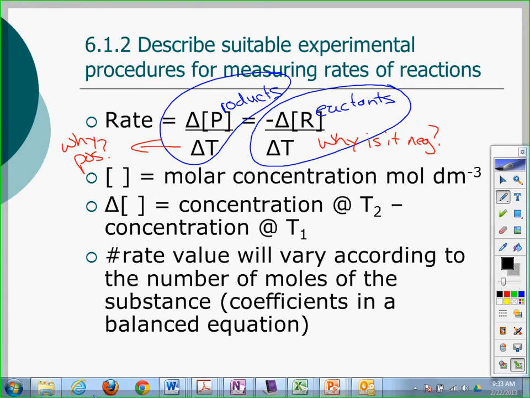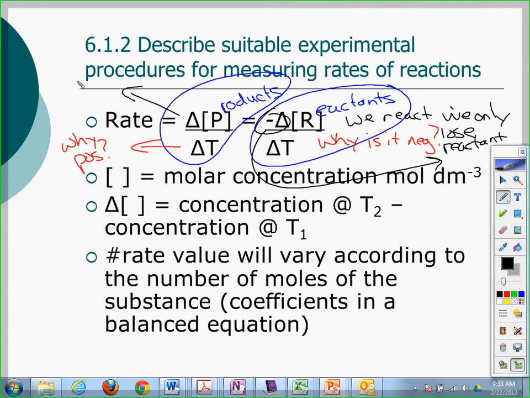Make sure you know they're separate. So what we're doing here is when we react, we only lose reactants. So to do that, we have to have a negative value because we're only losing them. In products, we are forming. So when we form something, it is positive. All right, it is positive.